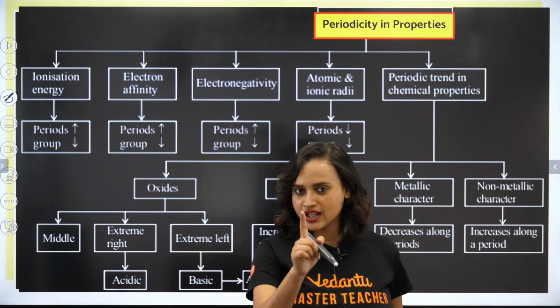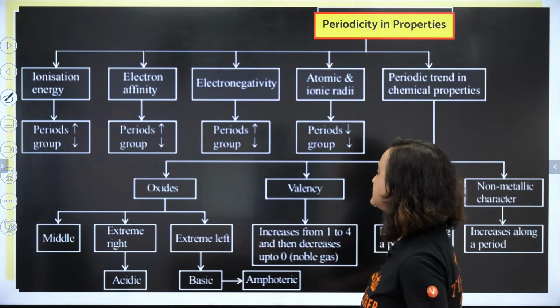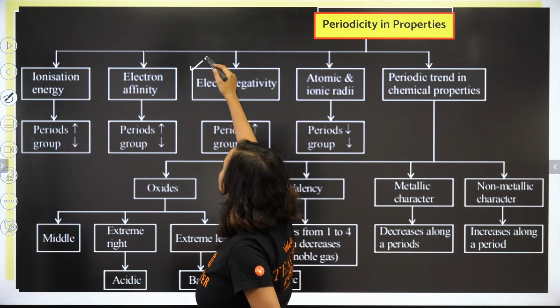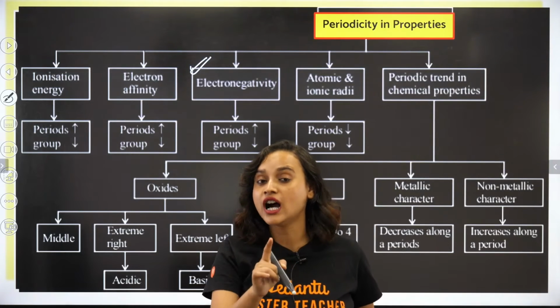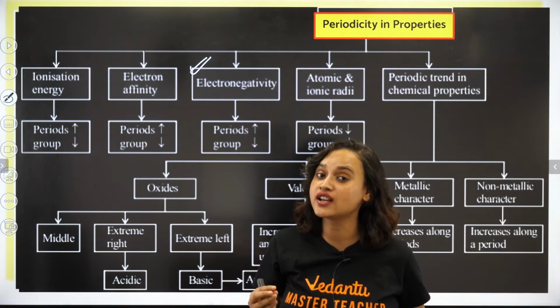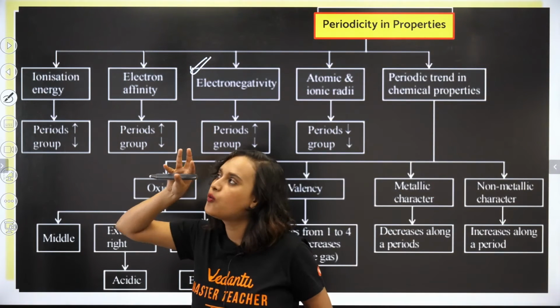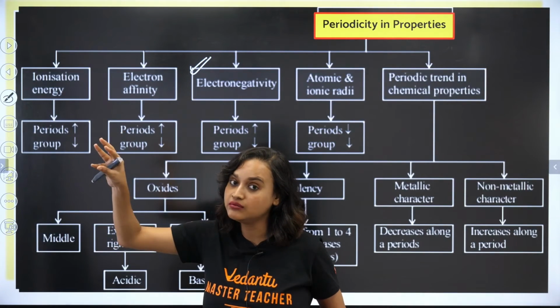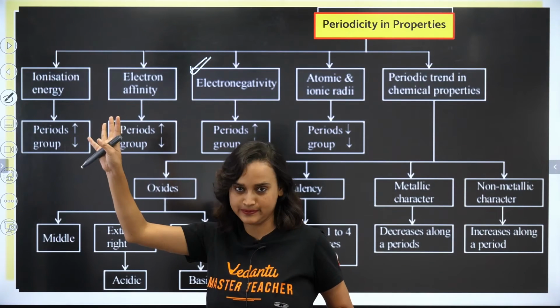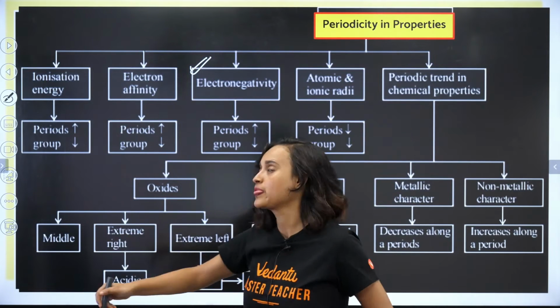Tell me something. There is this one property which does not talk about an isolated gaseous atom. What is an isolated gaseous atom? Taking one atom, alone, single, in the gaseous state. That's isolated.